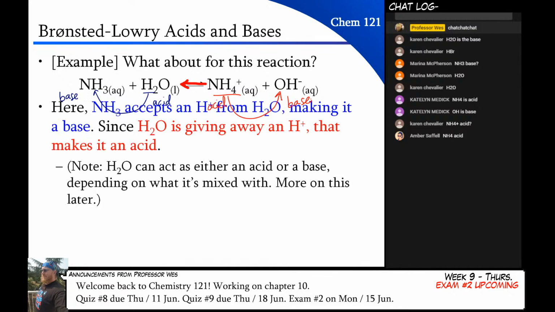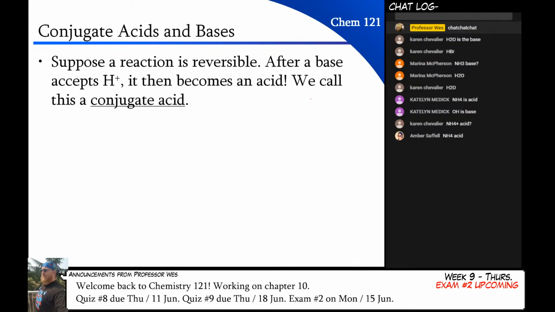All right, so now what we're going to do is look at how these substances interact with each other across that double arrow, kind of like what we just did.